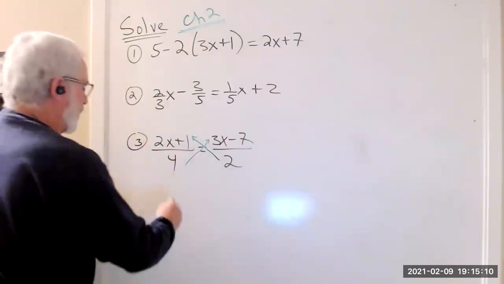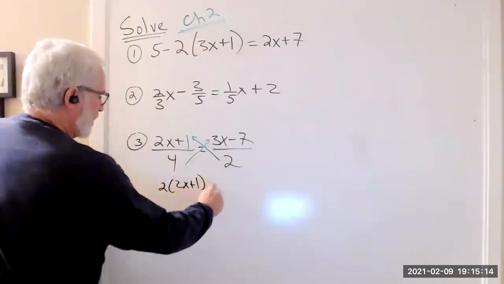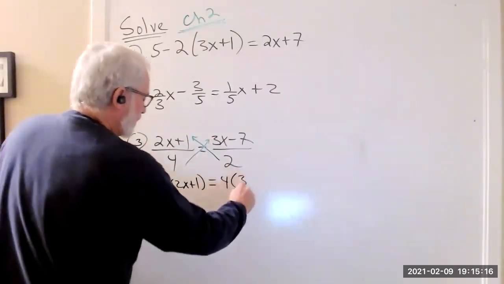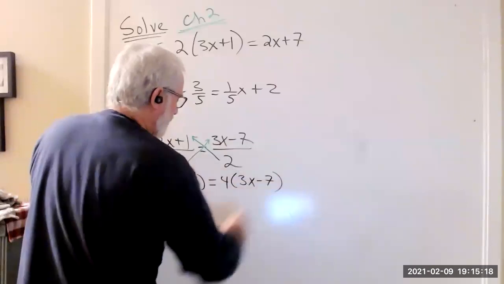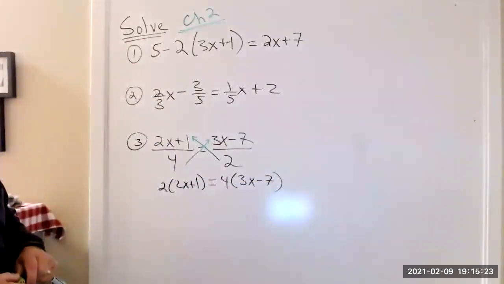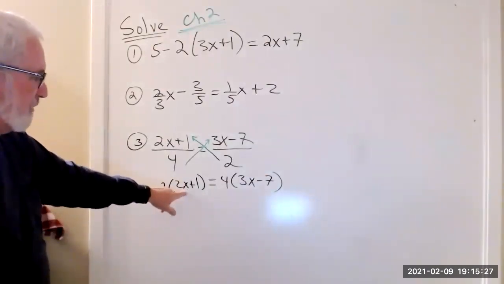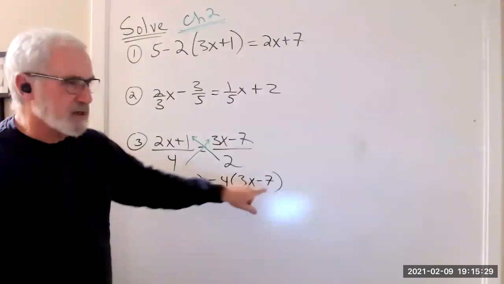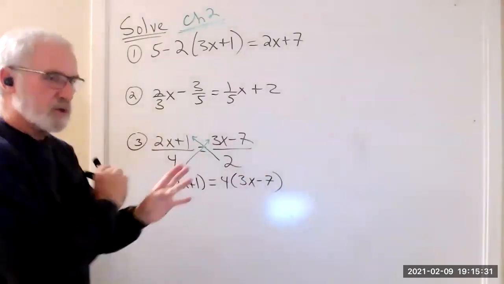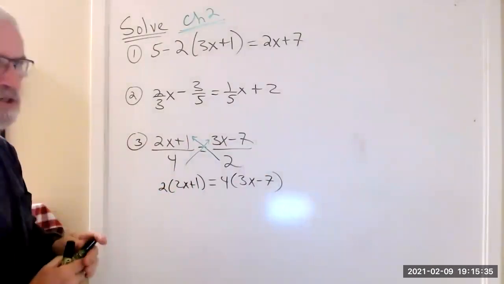So we end up with 2 times 2x plus 1 equals 4 times 3x minus 7. Now, it doesn't matter who's on the left side and who's on the right side. As long as you have 2 times the 2x plus 1 equaling 4 times the 3x minus 7, it doesn't matter who's on which side. It'll come out in the end, it'll all be the same.